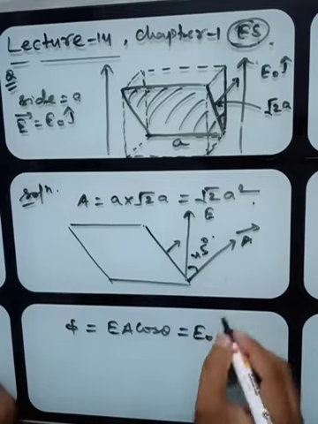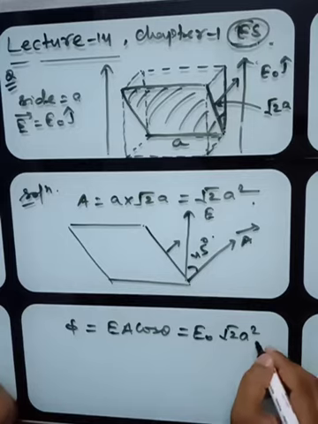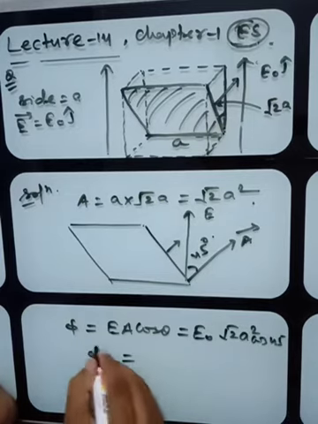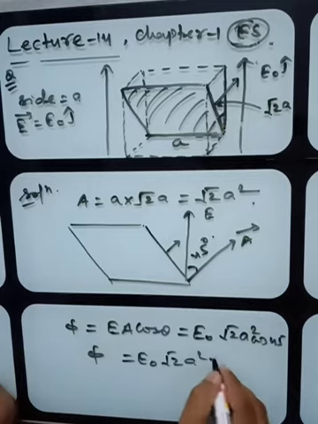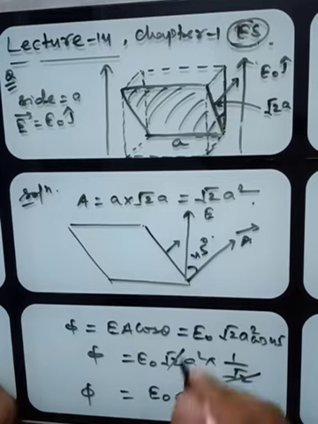A is root 2 times A square, and cosine theta, that is the cos 45. So the flux is E naught root 2 A square times 1 by root 2. It is cancelled out, and the flux is E naught A square, and this is the answer student.